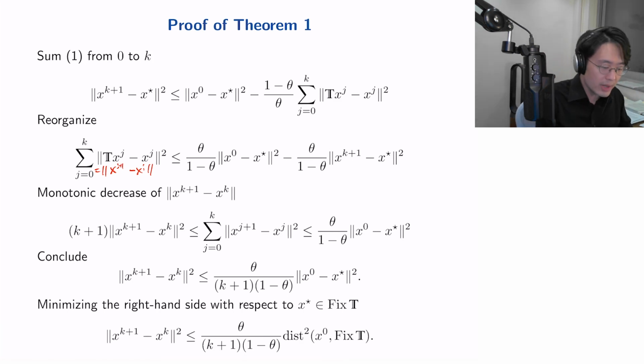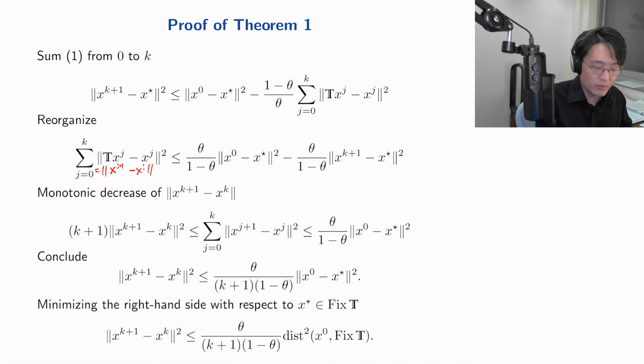So we can lower bound this sum by the magnitude of the last term multiplied by the number of terms within the summation. This is a summation from 0 to k, so there are k plus 1 terms in total, and each of the k plus 1 terms is lower bounded by the last term. Hence, we have this lower bound.